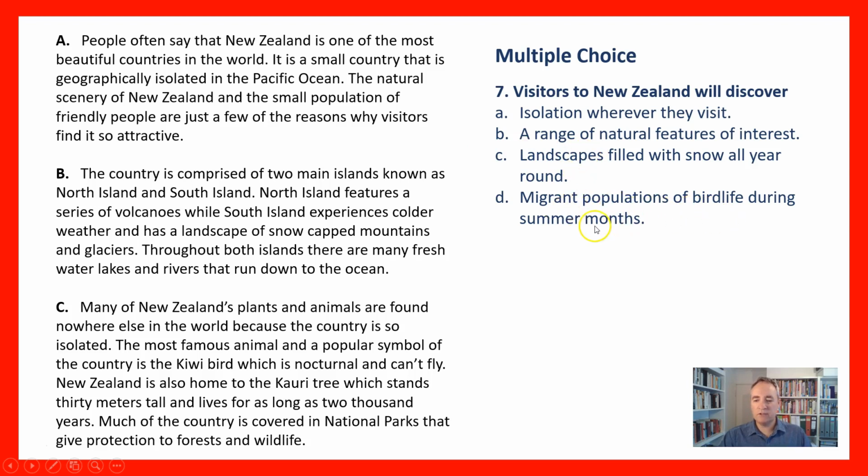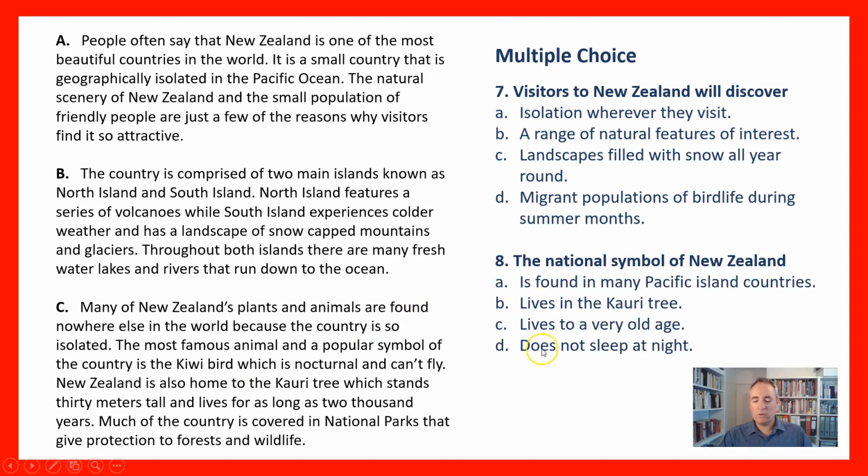Migrant populations of bird life during summer months. Is there anything about migration, the word migration or moving birds? Not at all. I can't see that. So I would cross out those ones, cross out A as well, and the answer would probably be B. What about this one? The national symbol of New Zealand. Okay, so there's a national symbol. It's around here somewhere. Again, I'll give you about 15 seconds to try and answer that one.